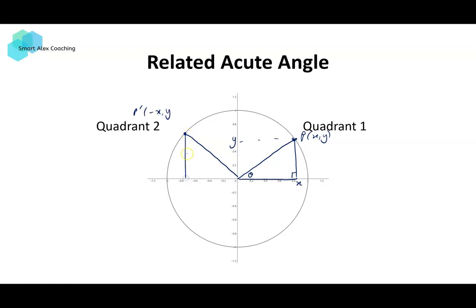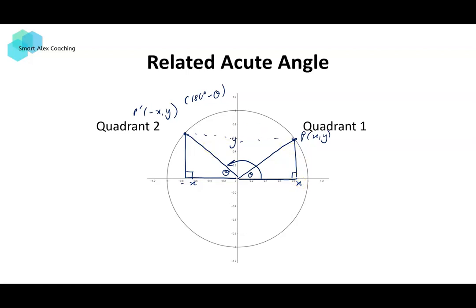So here's my right angle triangle. That's minus x, and that's going to be y. This angle is theta also. And just note here that at P dash, this is going to correspond to the angle 180 degrees minus theta. Recall from convention, we start from the positive x-axis at 0 degrees and we move anti-clockwise for a positive angle.